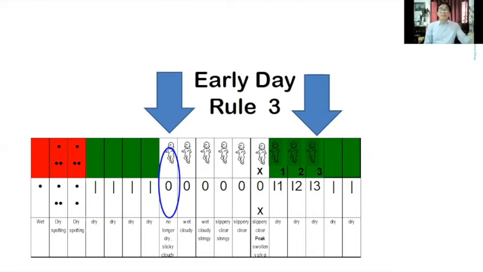EDR3 is applied in the first appearance of mucus after the BIP of dry, the one with the blue circle. EDR3 starts with that particular day and until the peak day, including the first 3 days of the luteal phase. Because after the peak day, the cervix is still open.